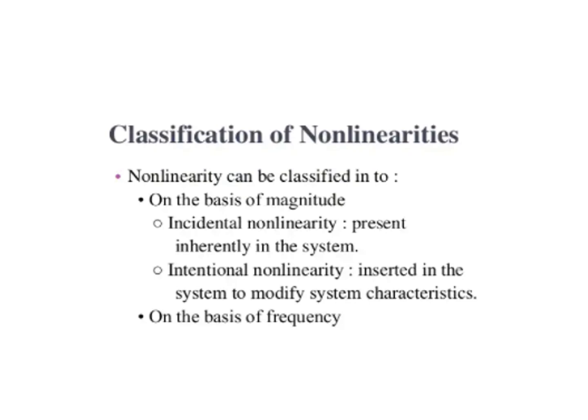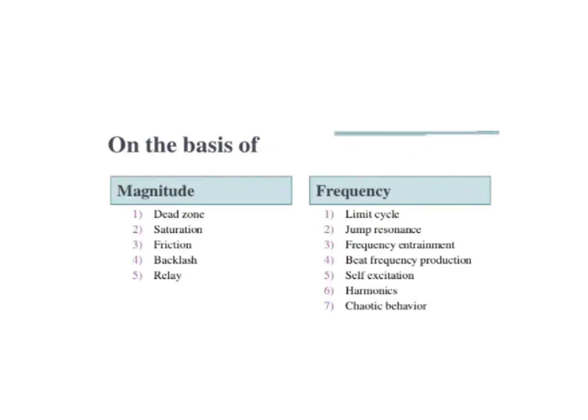In your syllabus, it is restricted up to the classification based on magnitude. Based on magnitude, we classify non-linearity into different types: dead zone, saturation, friction, backlash, relay. Based on frequency: limit cycle, jump resonance, frequency entrainment, beat frequency production, self excitation, harmonics, and chaotic behavior. Coming to the classification based on magnitude, the first one is dead zone.